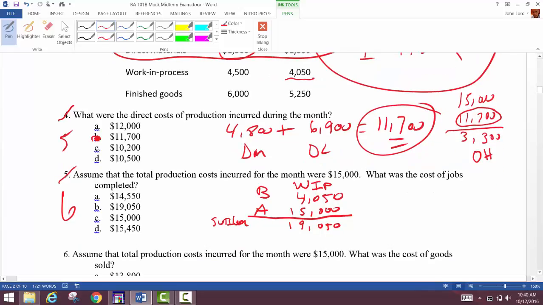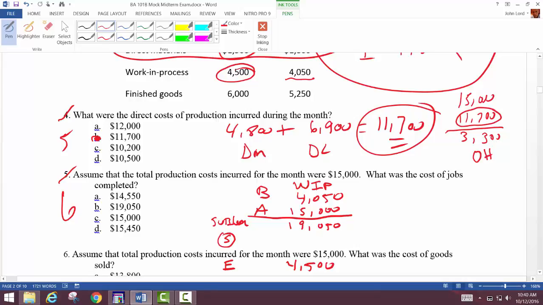Then they give me up here the ending balance is 4,500, right? They put the ending balance first. So I know I'm going to end up with an ending balance. I'm just going to put it down here of 4,500. So if I'm going to end up with an ending balance of 4,500, then I've got to figure out the subtract here. And the subtract is the amount that they finished out of work in progress and into finished goods, right?